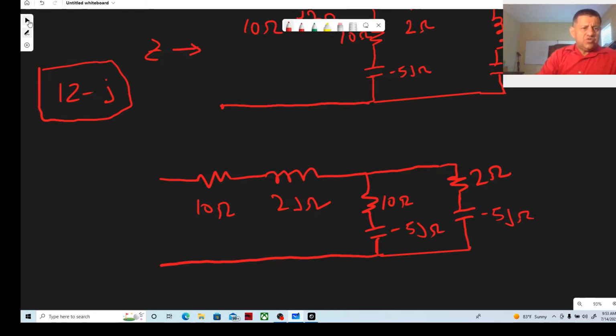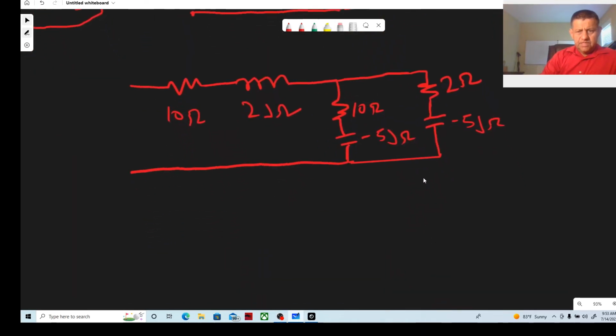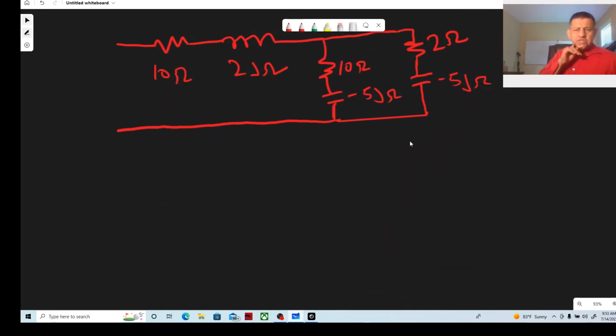So now that we have this, right, we can use the series and parallel circuits formula, so we can actually do this and this, right? Notice that this and this are in parallel.